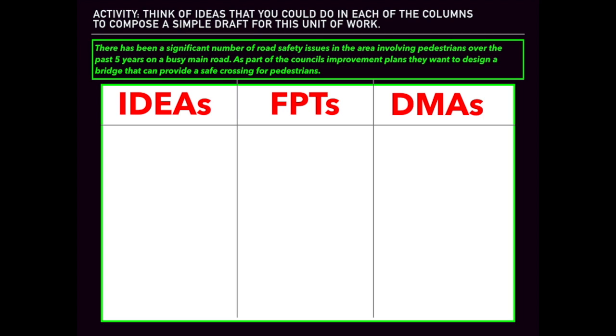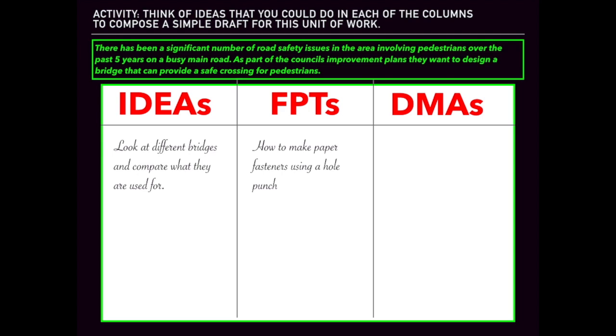Under each heading, I have started you off with a few ideas. So the IDEAs I have put look at different bridges and compare what they are used for. For FPTs, I have done how to make paper fasteners using a hole punch. Remember, this has to be age appropriate and this is for Year 1 children. For the DMAs, I have done design a bridge that is fit for purpose.